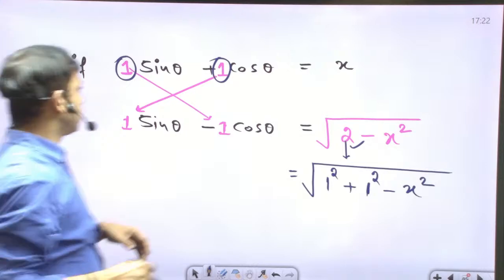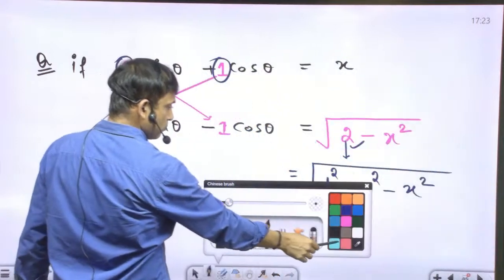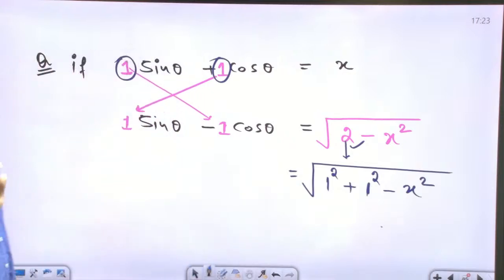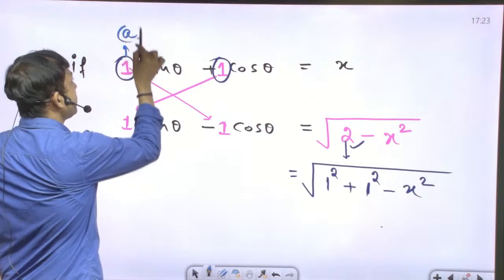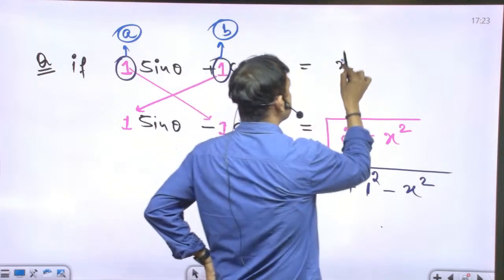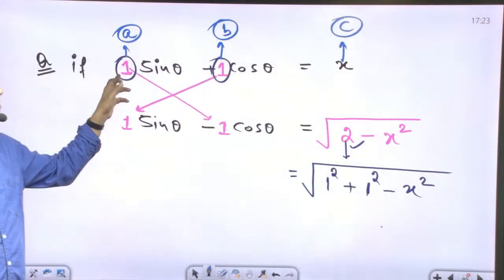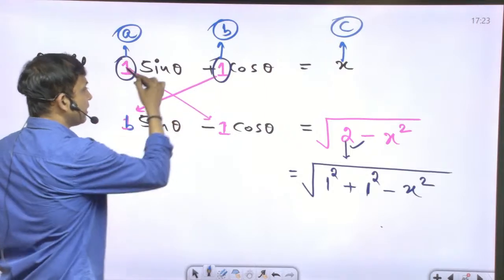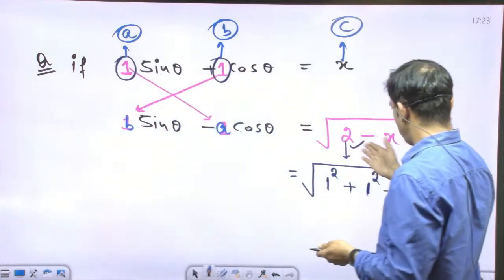Okay, so write these numbers. Now assume this number is A, this number is B, and this number is C. If this number is A, this number is B and C, then this number will be B and this number will be A. And then what will be the value of this number?